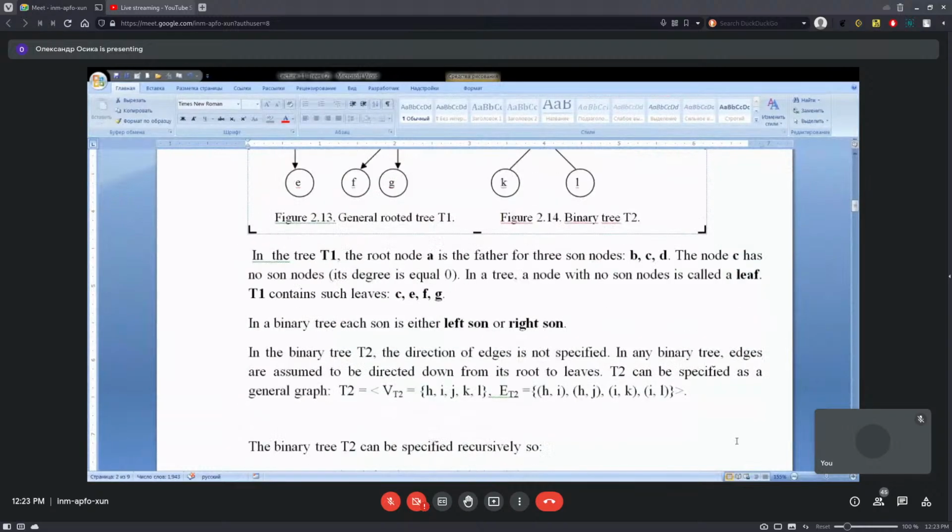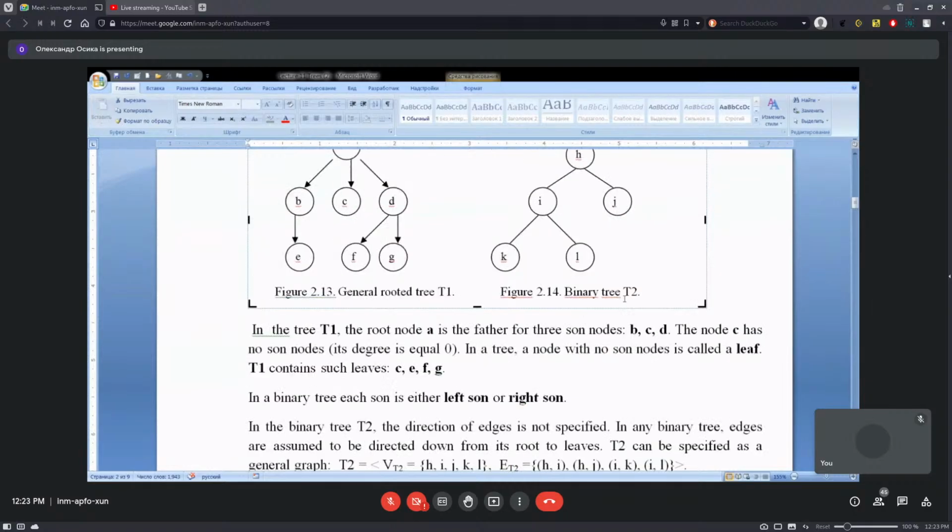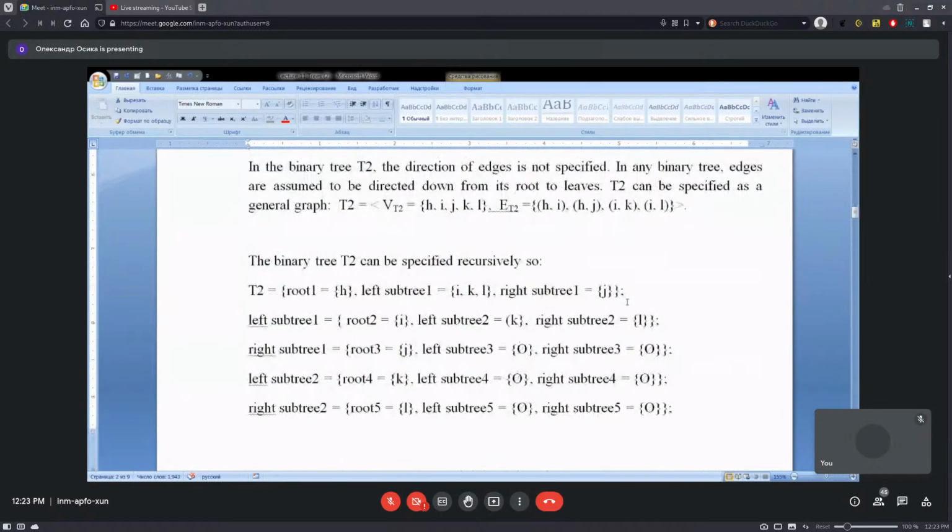But you will see that such a presentation of a tree is not always convenient for processing a binary tree by algorithms.